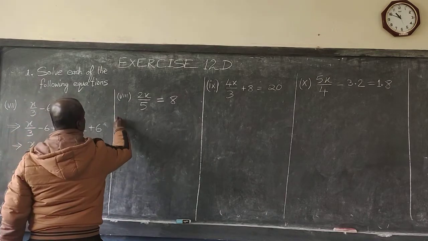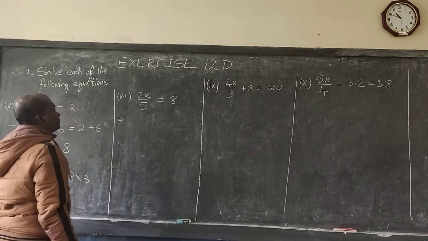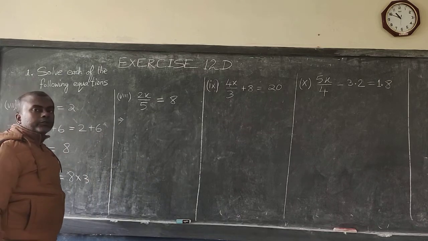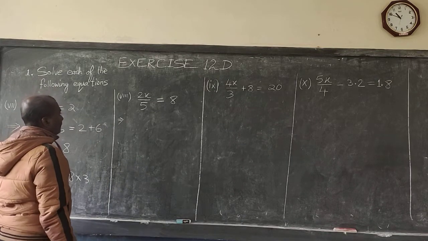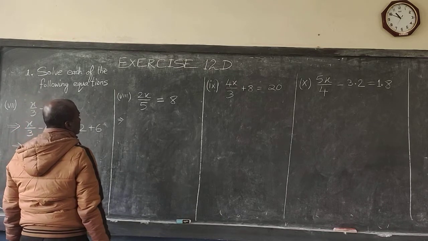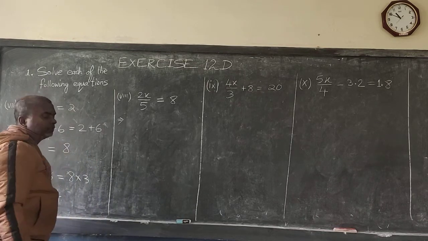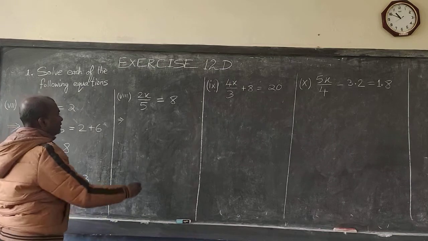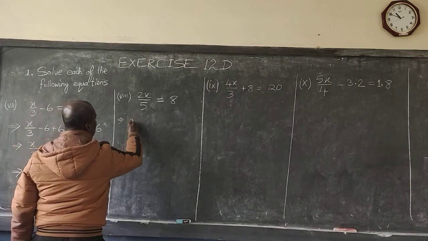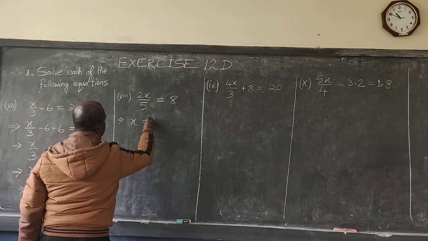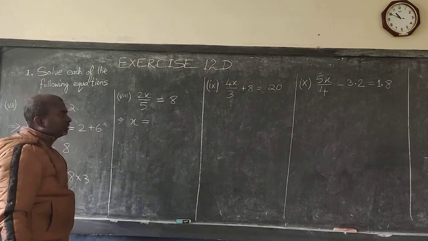Okay, coming to the next one. 2x by 5 equals to 8. We will use here shifting method. Okay, shifting method. And you can solve it at once. I mean, not many lines will be required for this sum.